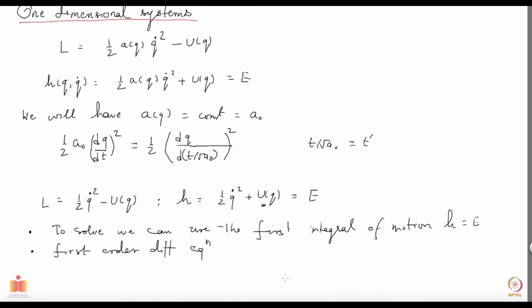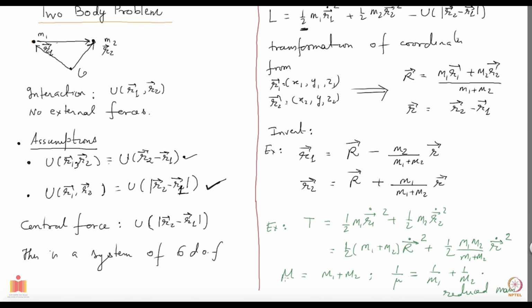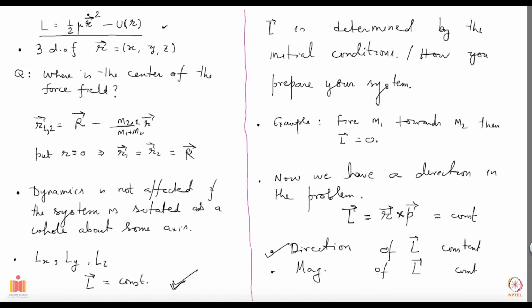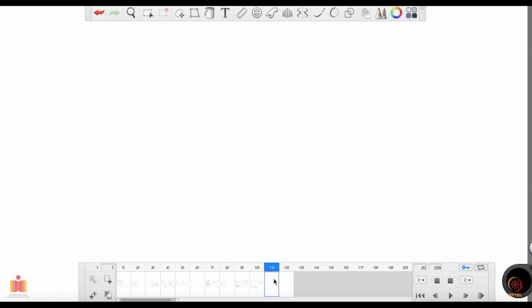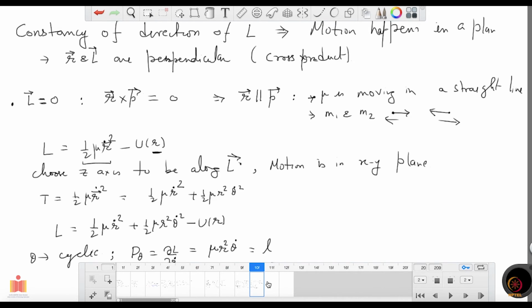So I'm looking for a geometrical interpretation of angular momentum conservation.